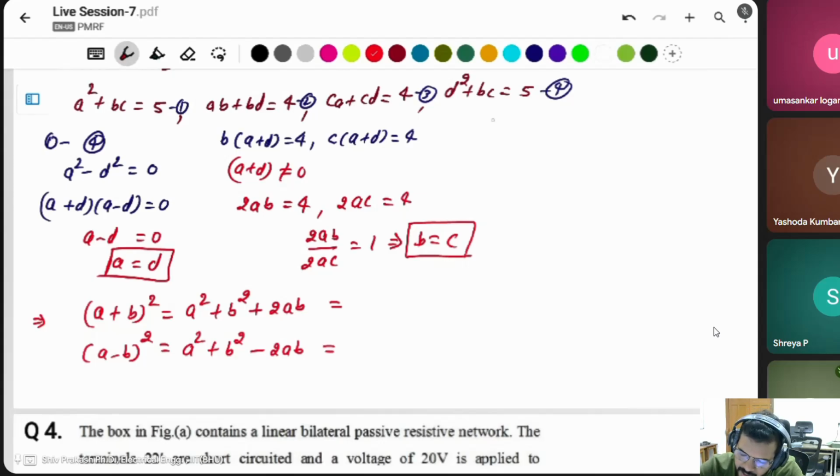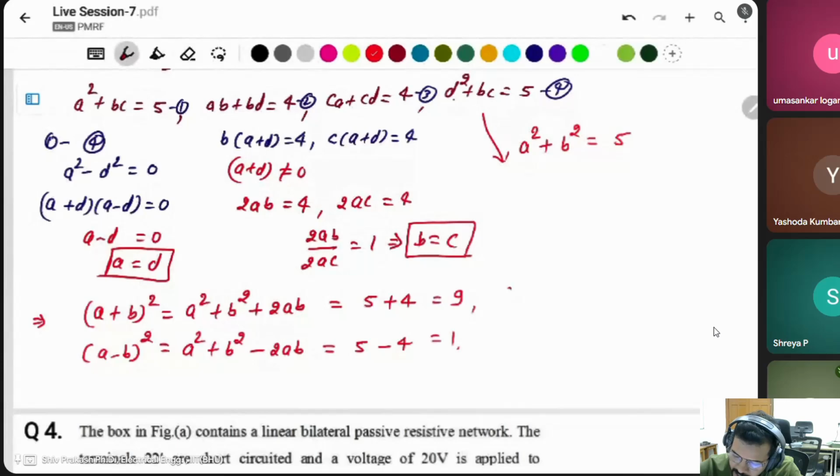In this case, d square is the same as a square, since a is equal to d, and b is equal to c, so this will be b square. The sum is equal to 5. Then 5 plus 4, since 2ab is equal to 4, this will be 9. This will be 5 minus 2ab, which is 4, so this will be 1.